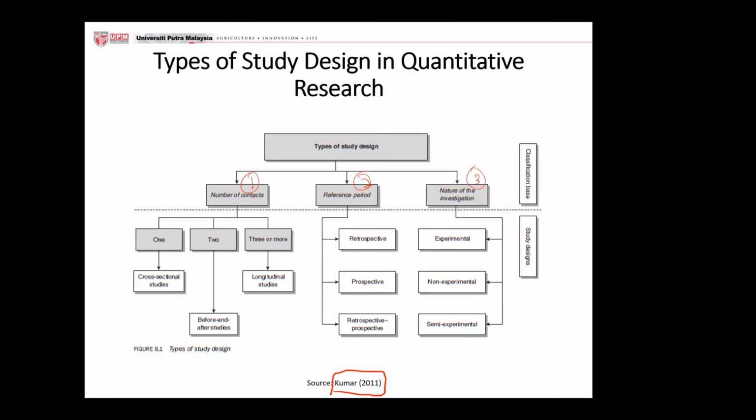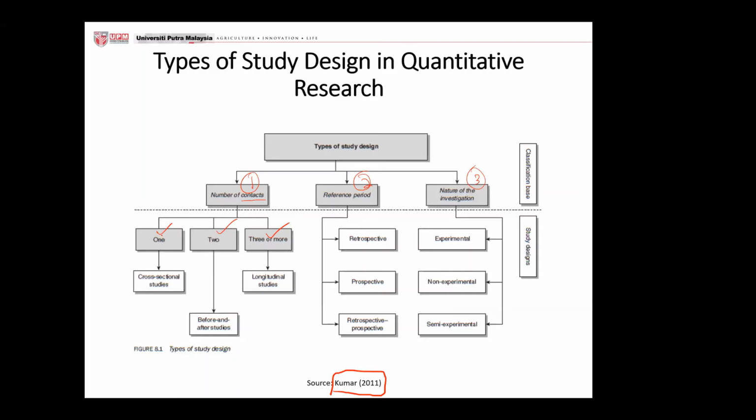So it can be from the number of contacts. Contacts here does not mean the number of contact numbers. It's not that. Actually, it's in the form of contact, whether you are making an engagement 1 time, 2 times, or 3 or more.